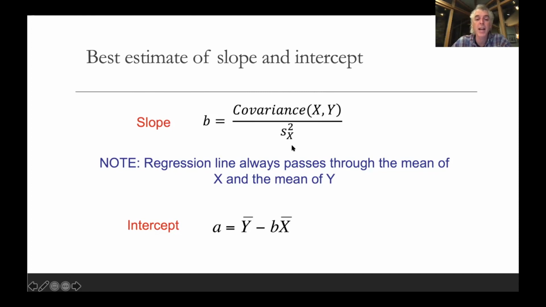Anytime we perform a regression, the regression line always passes through the mean value of x and the mean value of y. And as a result of this, once we've calculated our slope from our covariance and our variance, then we can simply calculate the intercept as being equal to the mean value of y minus the slope times the mean value of x.